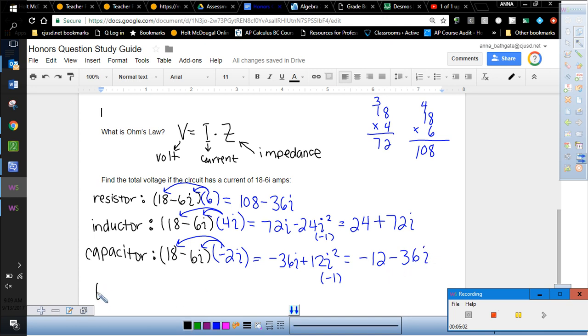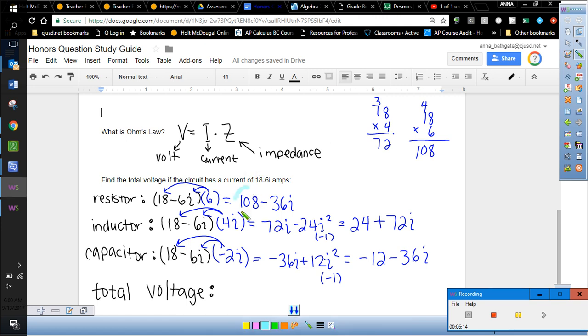To find the total voltage, you add them all together. Remember, when we add complex numbers, we add all the real portions, so I add the 108, 24, and negative 12 together.